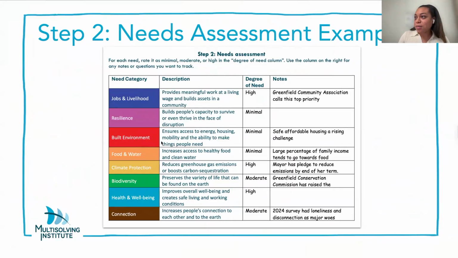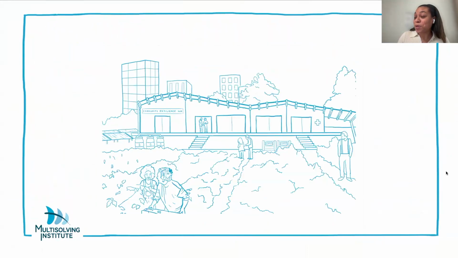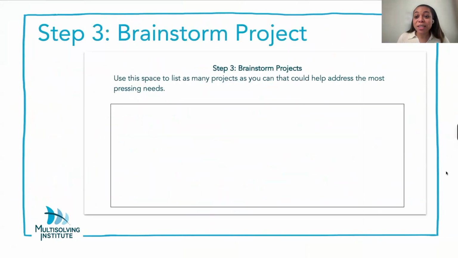All right, now that we have our needs assessment, we are going to move on to step 3. Here you're going to brainstorm a project that is built based off of steps 1 and 2. As a reminder, in step 1, we defined the system of the area where we would like to make some sort of improvement.